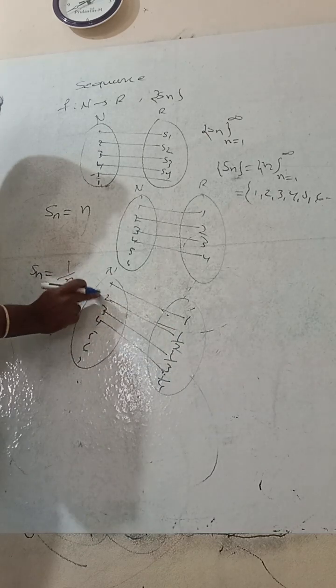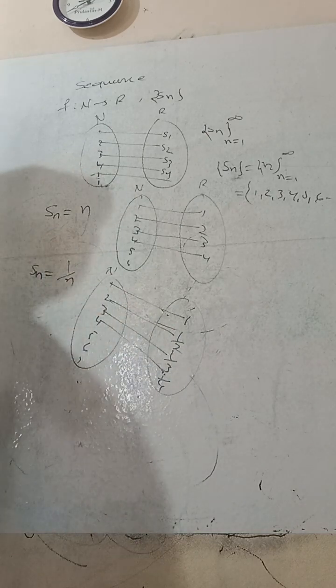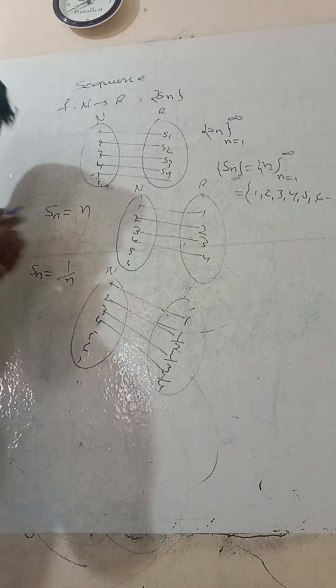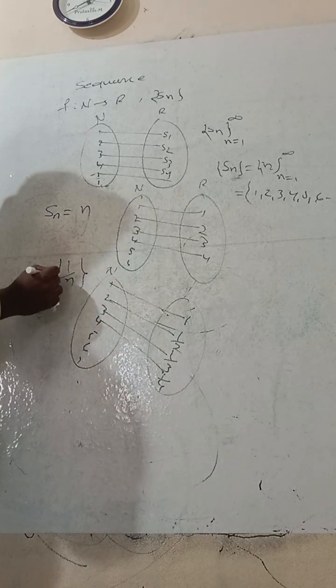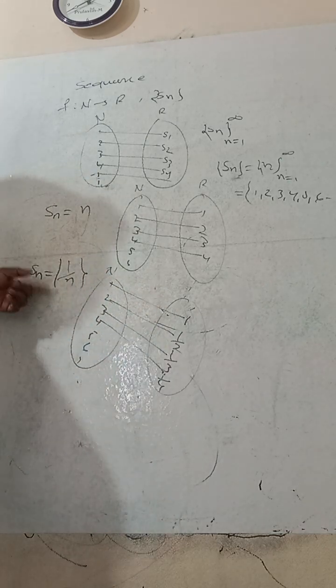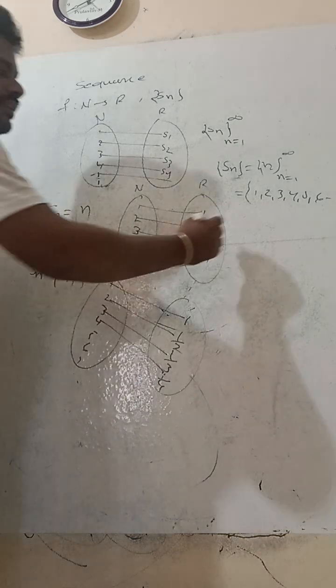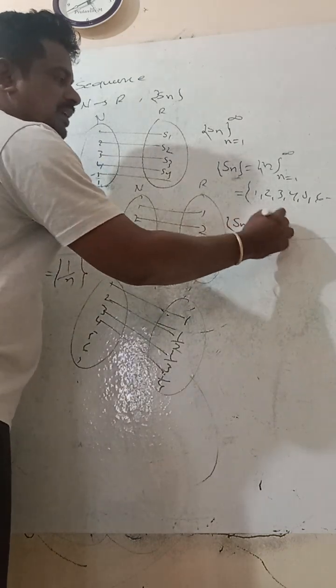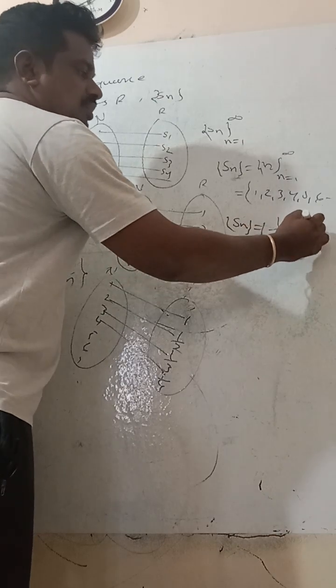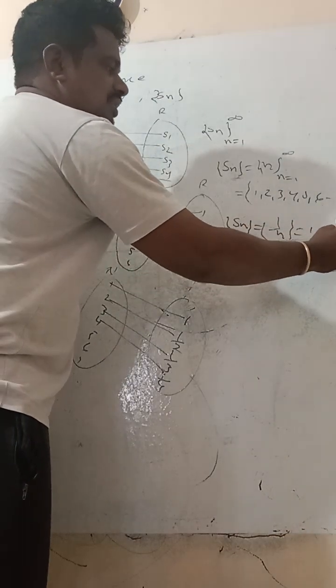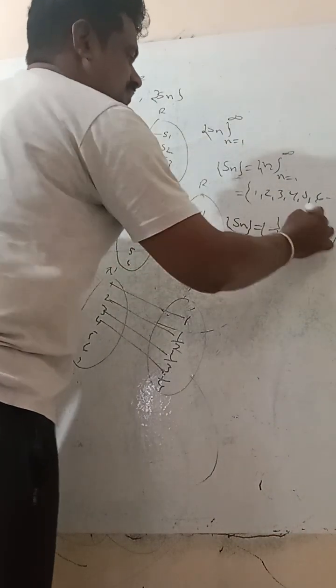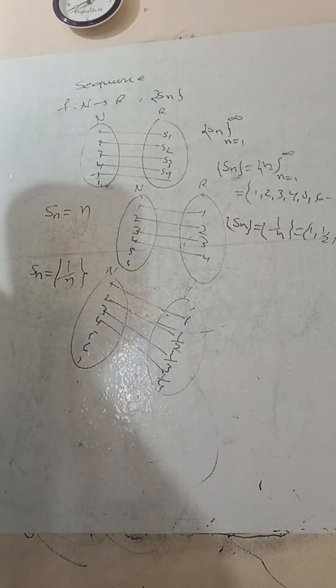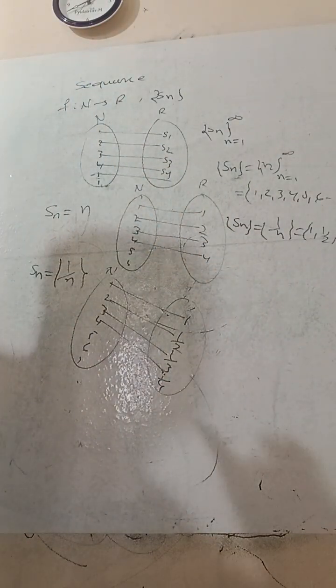So therefore this relation is called a function, and this function is defined on the natural number set. Therefore this is called a sequence. So here Sn is equal to 1 by n, which is 1, 1 by 2, 1 by 3, 1 by 4 and so on. So this is called a sequence. Now, limit of the sequence.